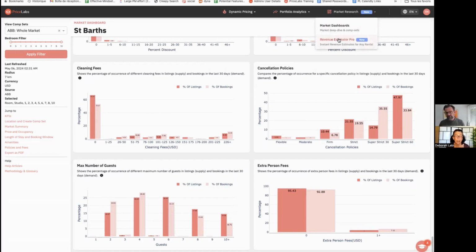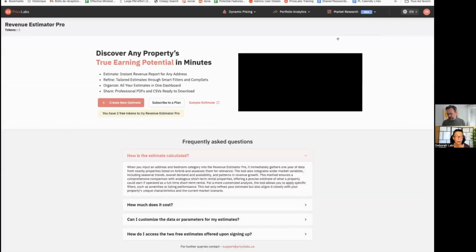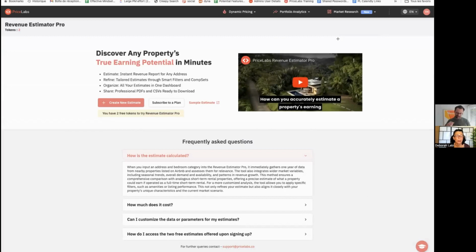Oh, fantastic. Yep. The other thing we have is Revenue Estimator Pro. So Revenue Estimator Pro is a brand new product. Let's say it's a summary of that. If your property manager has to do like 10, 20 reports every week, imagine you're talking to owners and you have to see whether you want to take them on board or you want to talk with them about their actual potential. Revenue Estimator Pro will do this, basically.